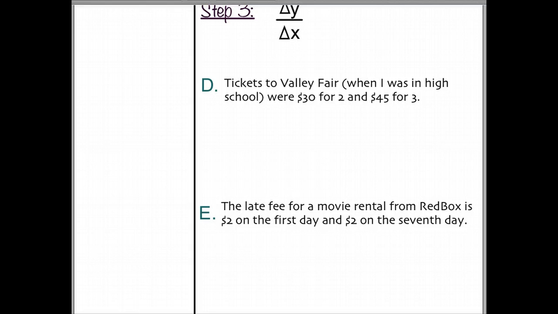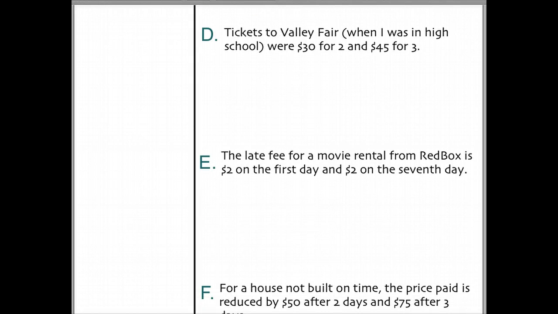So now let's take a look at 3 examples here. The first example says tickets to Valley Fair back in my day were $30 for 2 and $45 for 3. The first thing I want to do is figure out what the independent and dependent variables are. The ticket prices change depending on how many tickets there are.